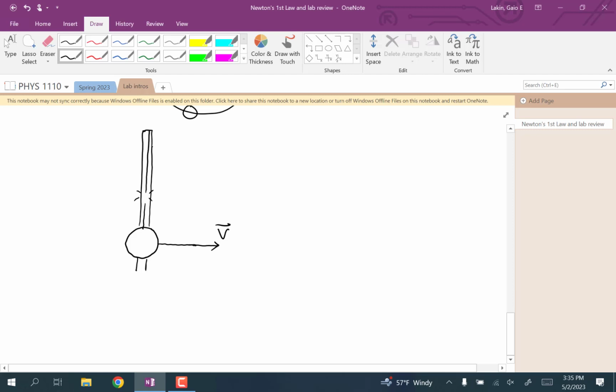Well, from the top view, there are no forces that you can see. But from the side view, the weight is acting straight down toward the bottom of the page. And so now there is a net force acting on the ball. And so from this side view, you will not see this ball have zero acceleration or a constant velocity. From the side view, it'll look like projectile motion.